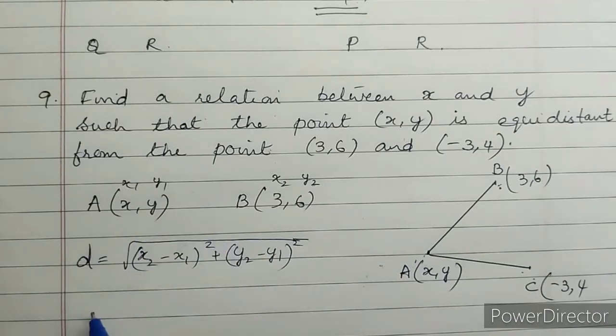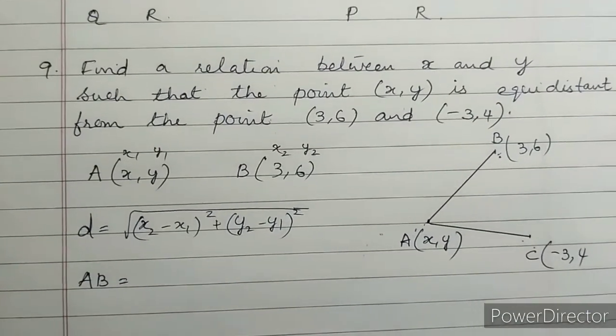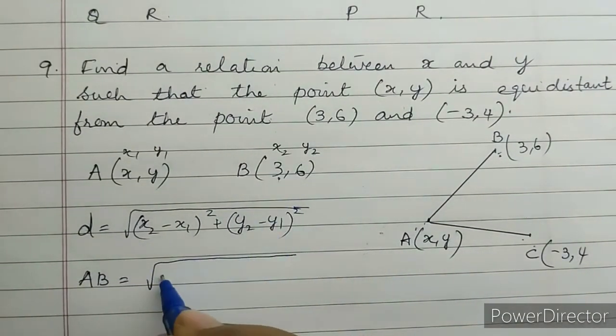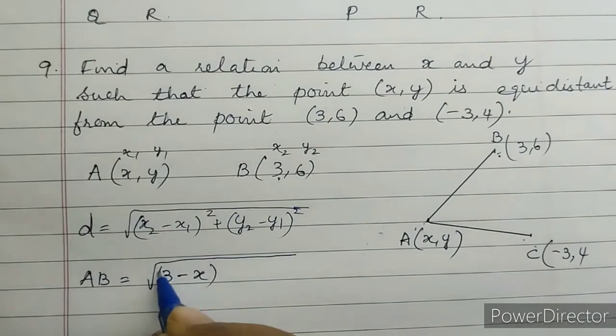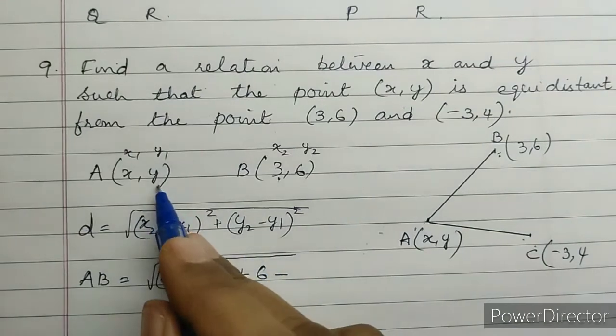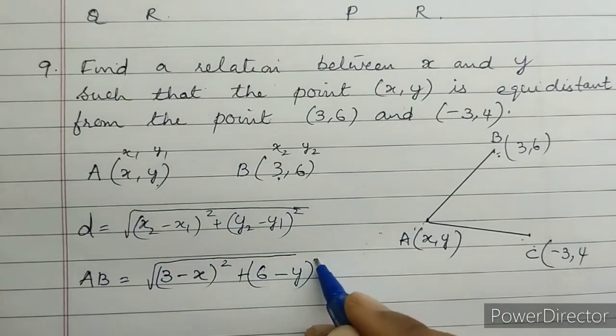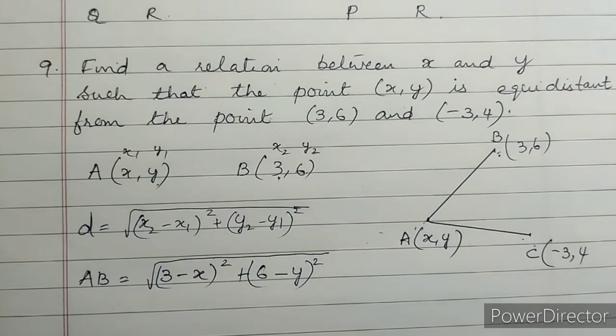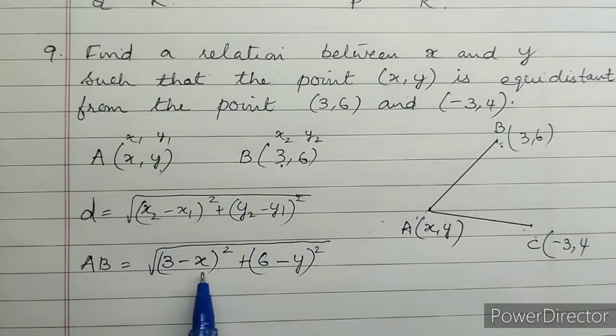Now AB distance is equal to square root of x2, how much? It is 3 minus x the whole square plus y2, 6 minus y the whole square. So you got AB value, you can't do anything because x and y value you don't know. So leave it like that only. AB, first one you can mark it.